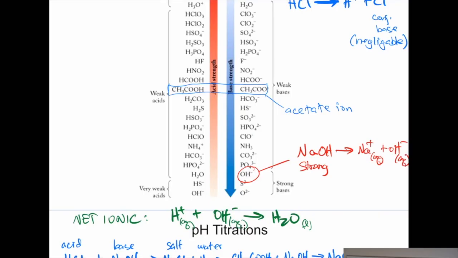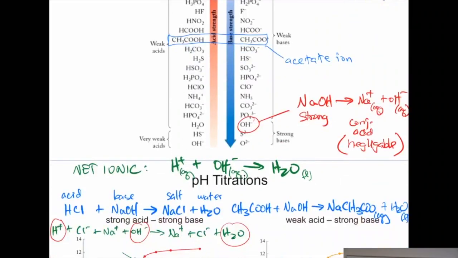Sodium is the spectator ion that came along for the ride. But we call this the conjugate acid of the strong base. Does it really act like an acid? No, it doesn't. It's of negligible strength, so it's not going to have any effect on the pH.